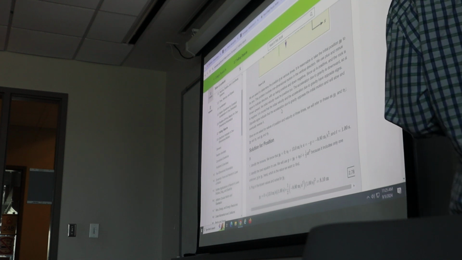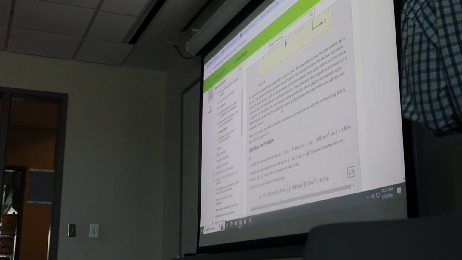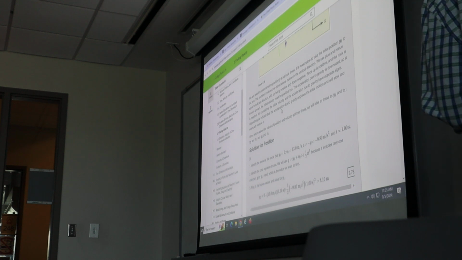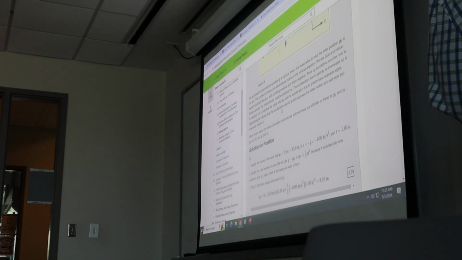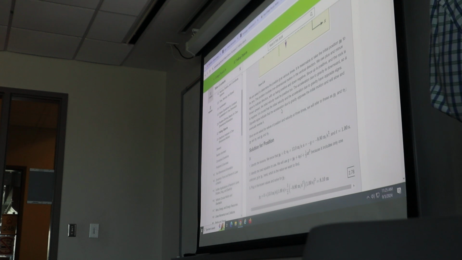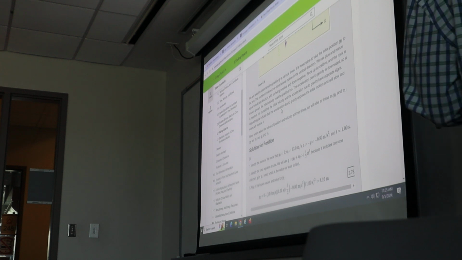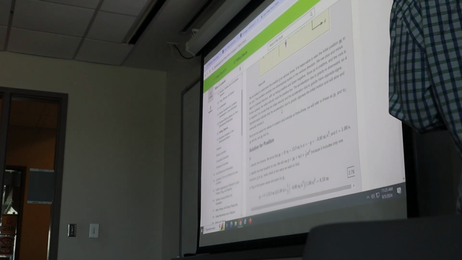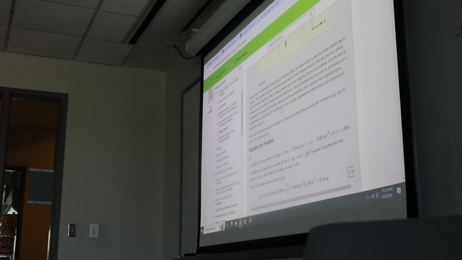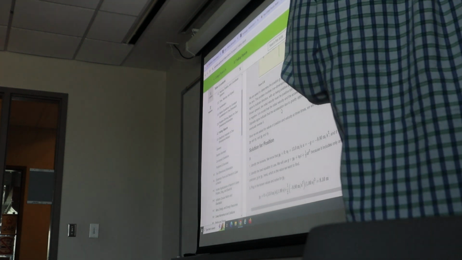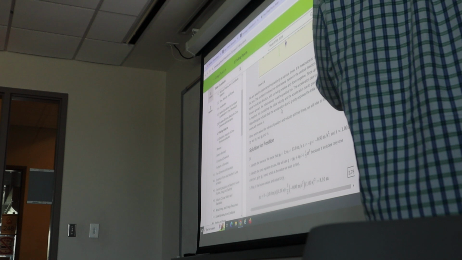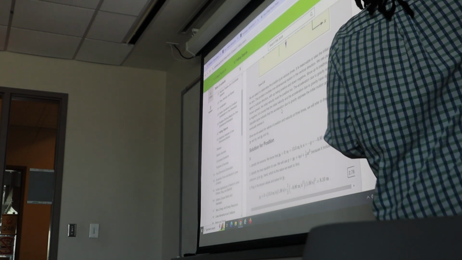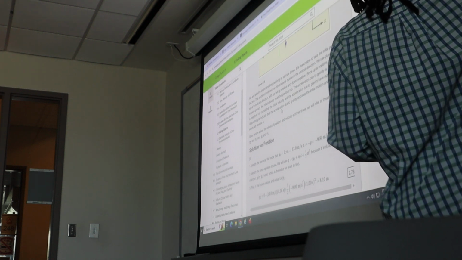I get 22.8 meters per second. So that's what I get for the first equation.